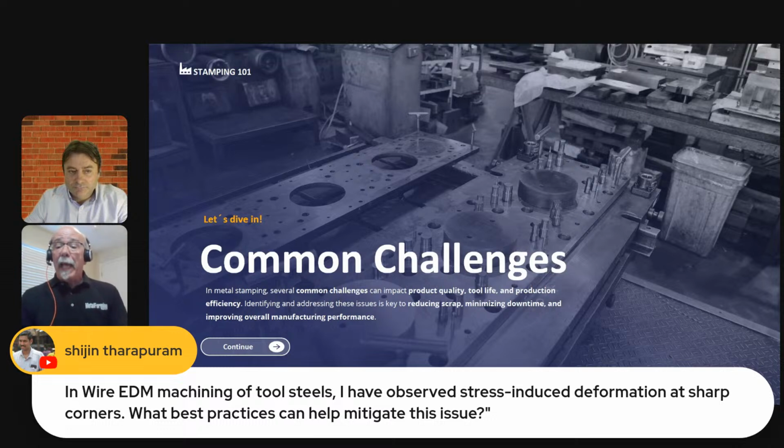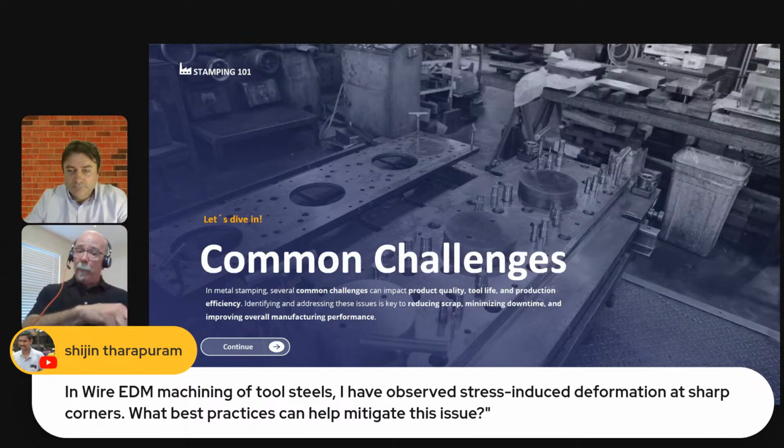Well, the same thing is happening as when you grind and you take off too much material. You're generating a lot of heat at the surface. So you set up a lot of stresses in a component that's been wire EDM. So two ways to combat that.